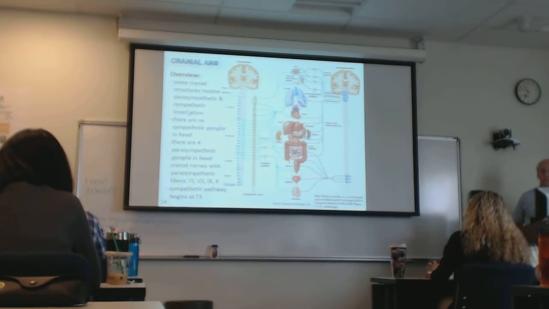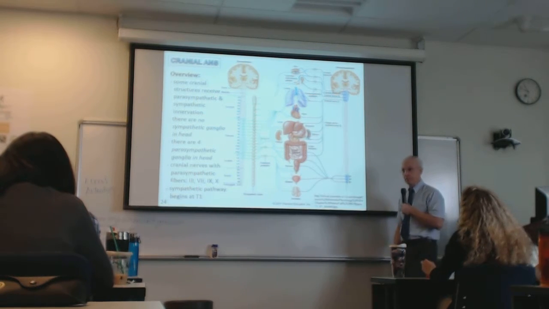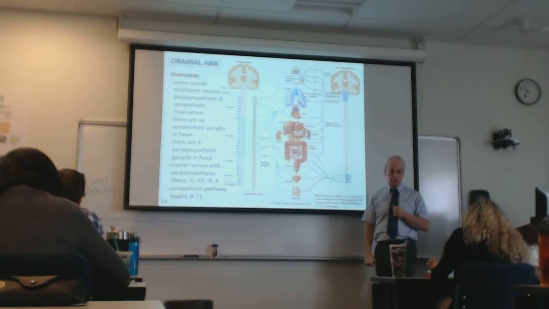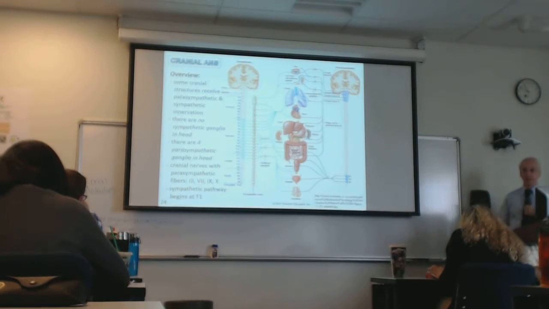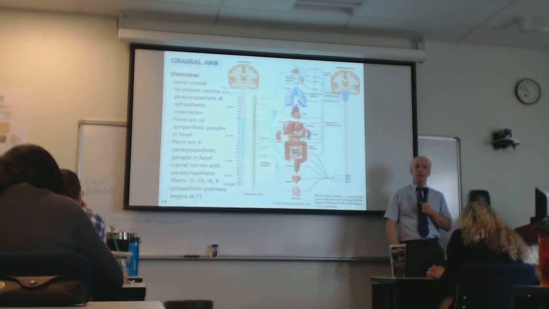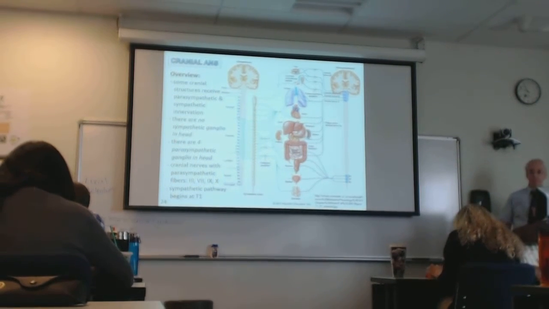You know that there are sympathetic ganglia in the neck. How many are there? 3. There are 3 sympathetic ganglia. There are no parasympathetic ganglia in the neck. There are several parasympathetic ganglia in the head. We normally say 4. We could argue about that. But there are no sympathetic ganglia in the head.